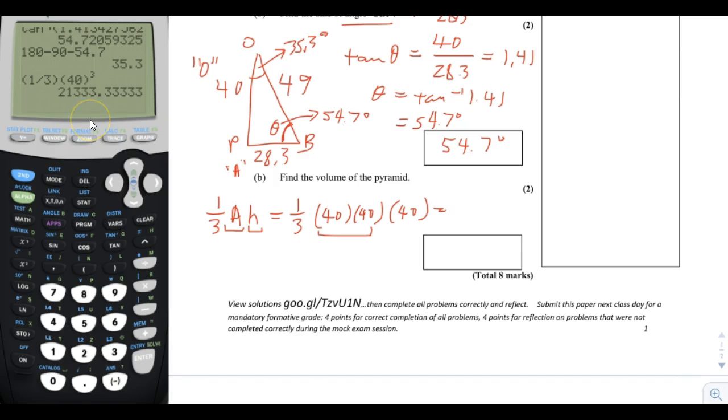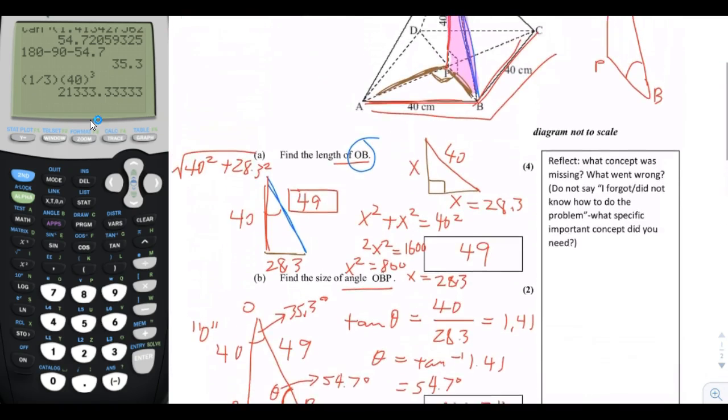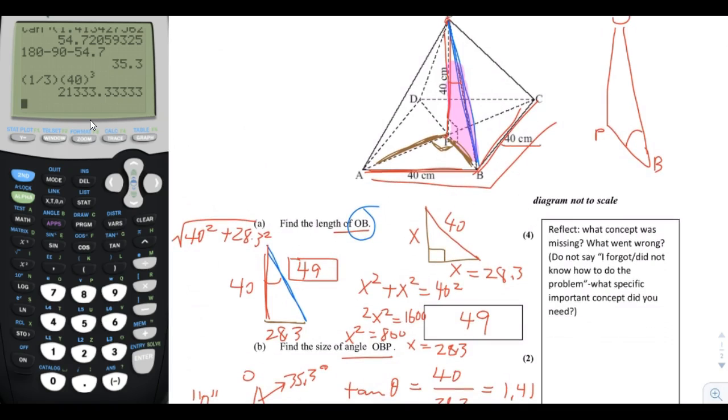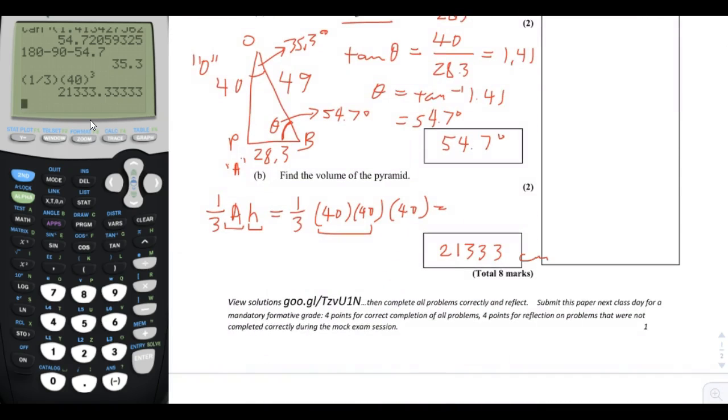And the answer is 21333. And that's it. The units for that would probably be meters cubed. Oh no, it's centimeters cubed because it's centimeters. Centimeters cubed.